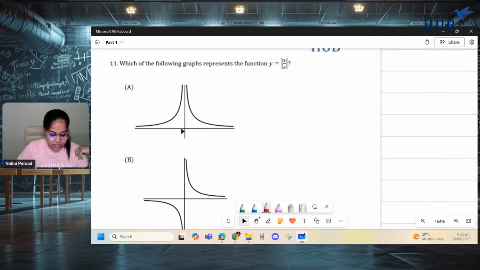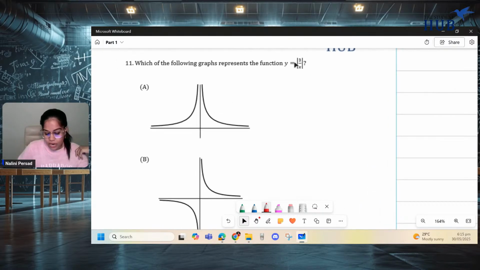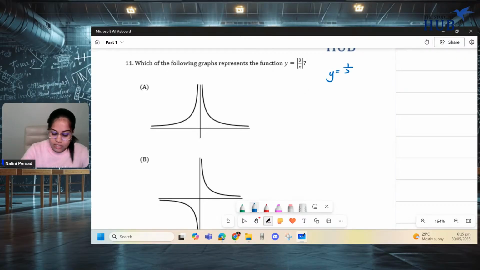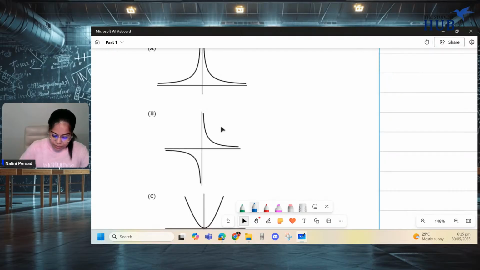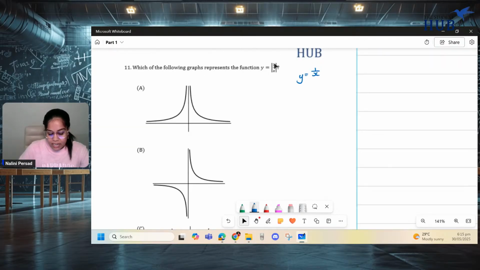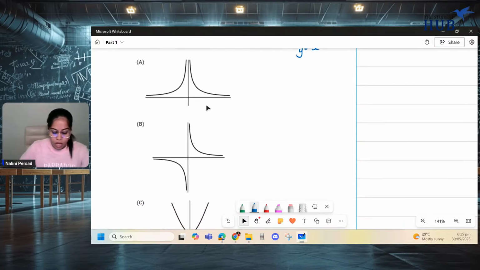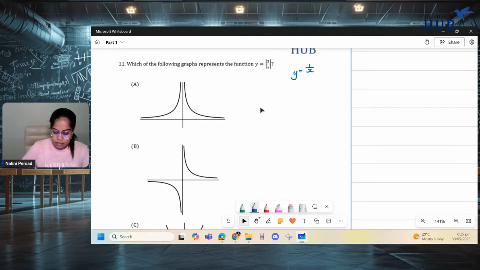Which of the following graphs represents the function y is equal to the mod of 3 over x? So as a pure math student, first of all, you should know what the y equals 1 over x graph looks like, right? It looks like this. So even if I have 3 over x, I just multiply it by 3. I want the modulus.